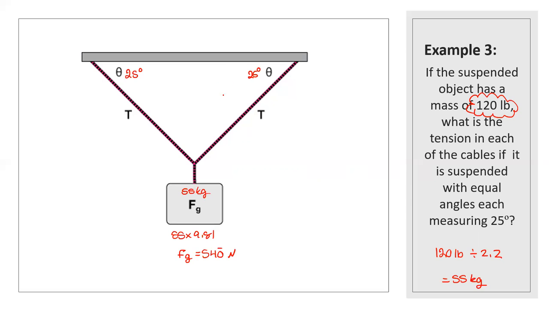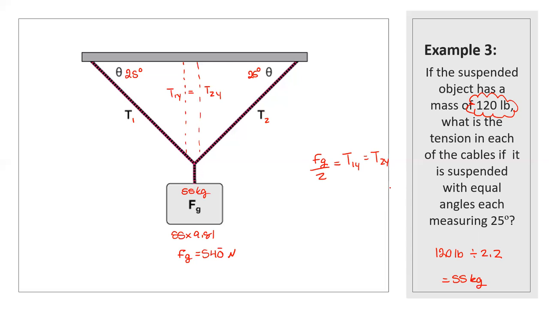If the angles are the same, the upwards tension in each cable, and I'm going to just draw them kind of separate from each other, I'll call this one T1 and I'll call this one T2. T1Y and T2Y need to be equal to each other. They're also supporting 100% of the force of gravity, which means that if we take the force of gravity and divide it by 2, we're going to get T1Y or T2Y, whichever way you want to look at that.